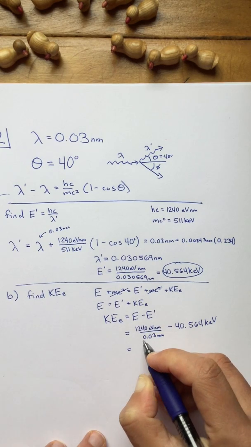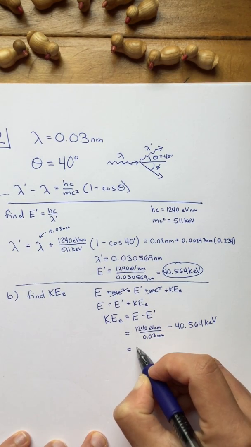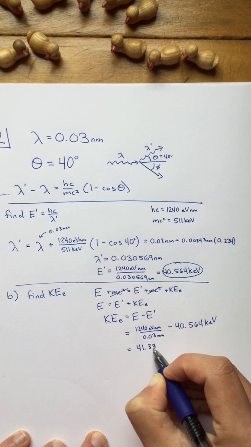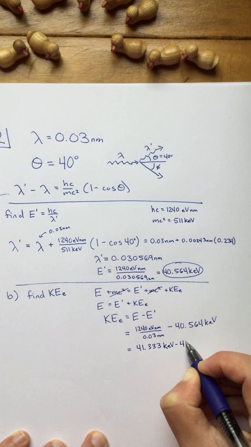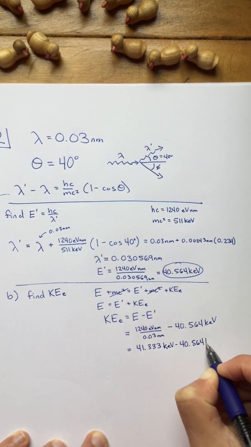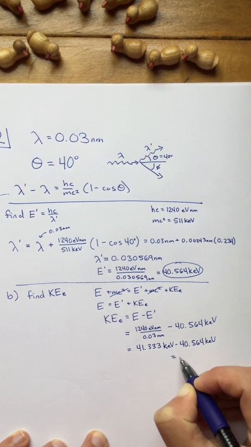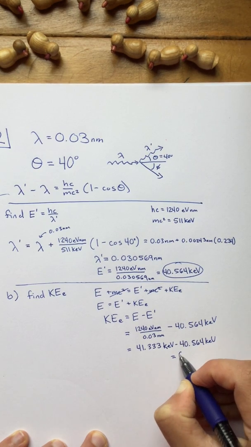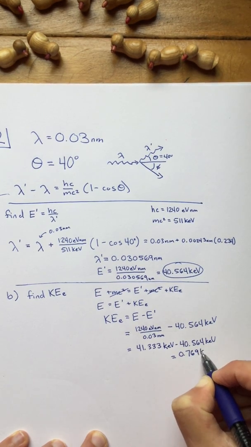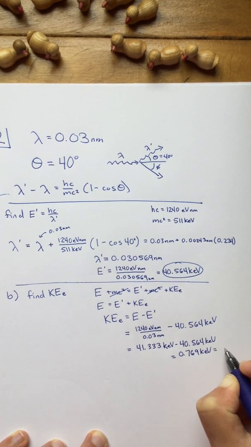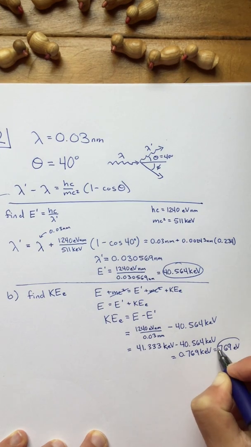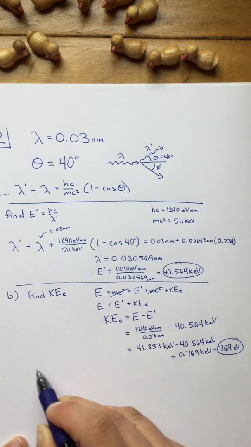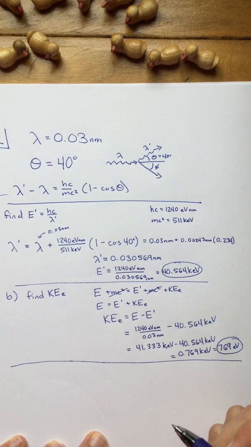So for the initial energy of the photon, we get 41.333 kilo electron volts minus 40.564 kilo electron volts, and that is equal to 0.769 kilo electron volts, but let's write that as 769 electron volts. So that is the kinetic energy of the electron after the collision.